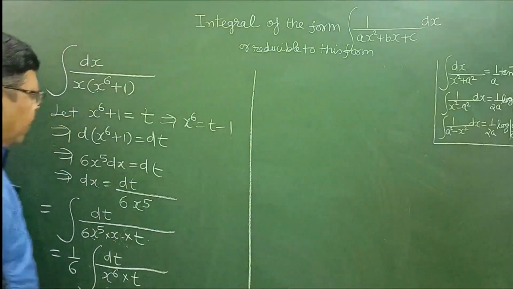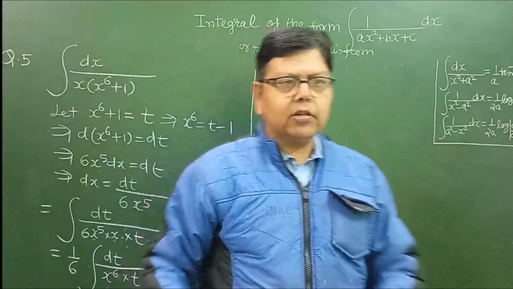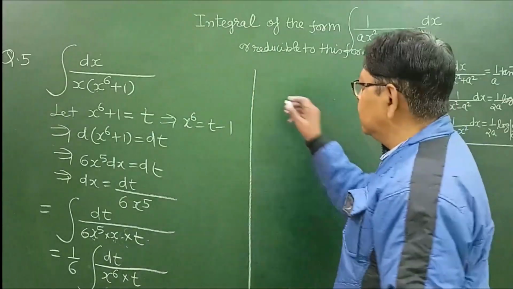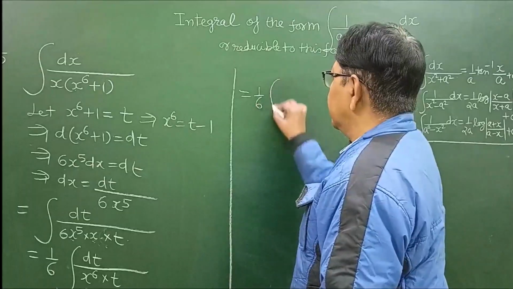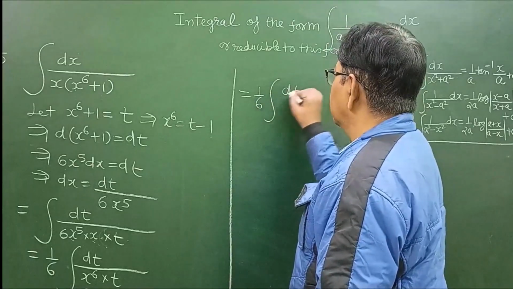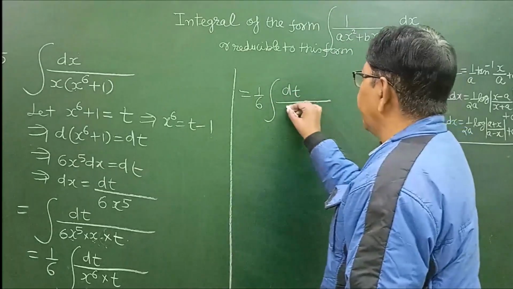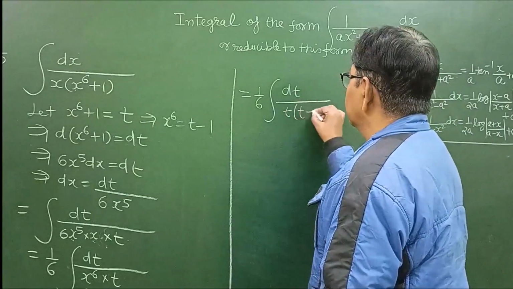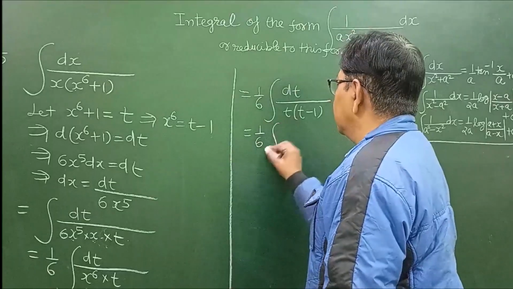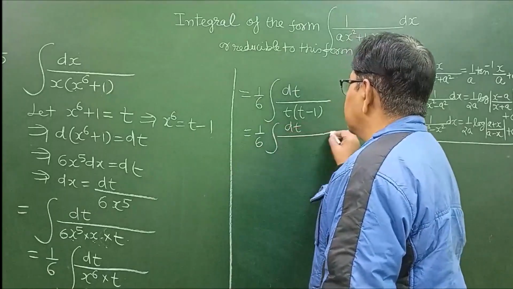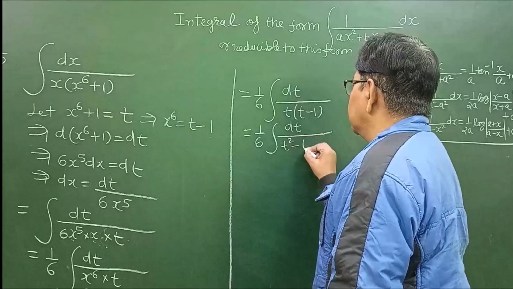So putting t minus 1 here, we get the integral 1 by 6 integration of dt upon t into t minus 1, which is equal to 1 by 6 integral of dt upon t square minus t.